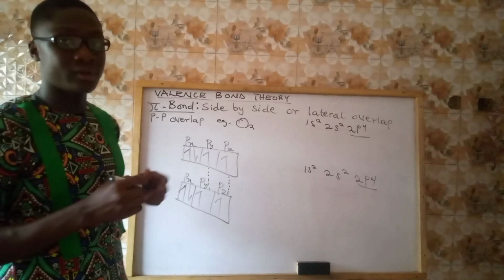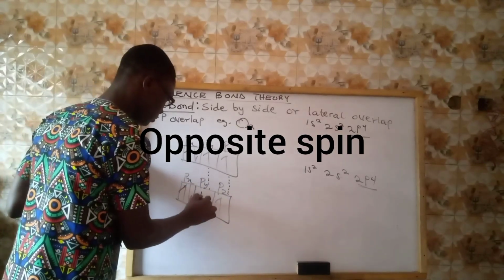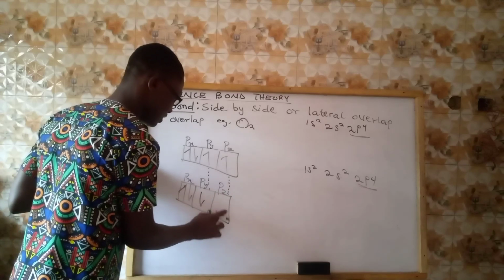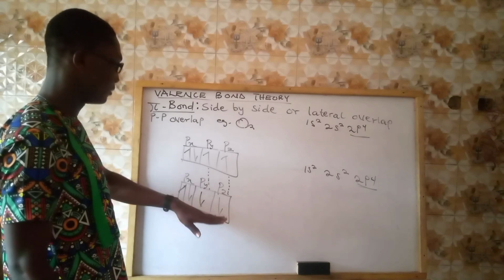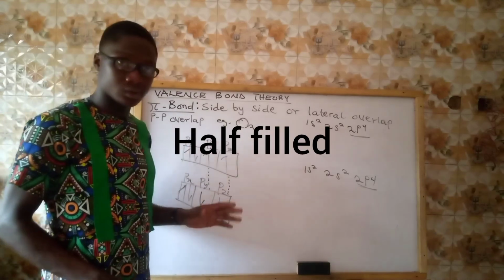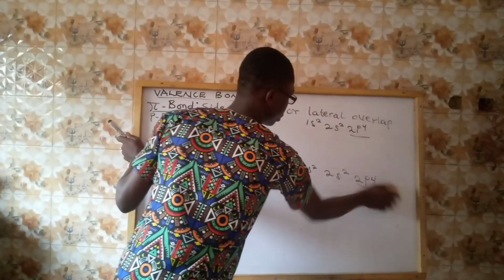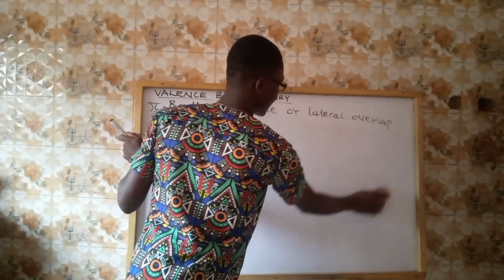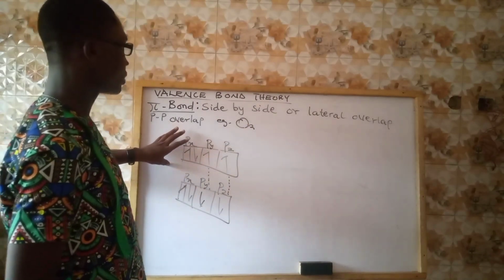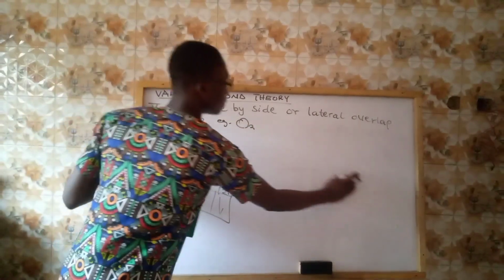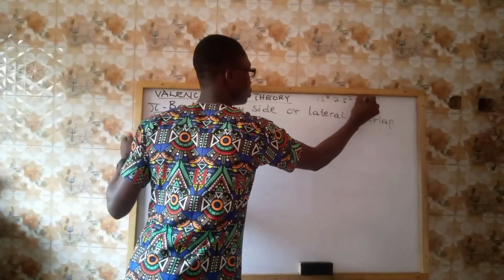And for them to be able to overlap, they must have opposite spins. So this must have opposite spin. The same thing applies to this one too. Opposite spins. Now since they have opposite spins and they are half filled, they can overlap. So let's draw and see if they can overlap. For the first one, you have 1s2, 2s2, 2p4.